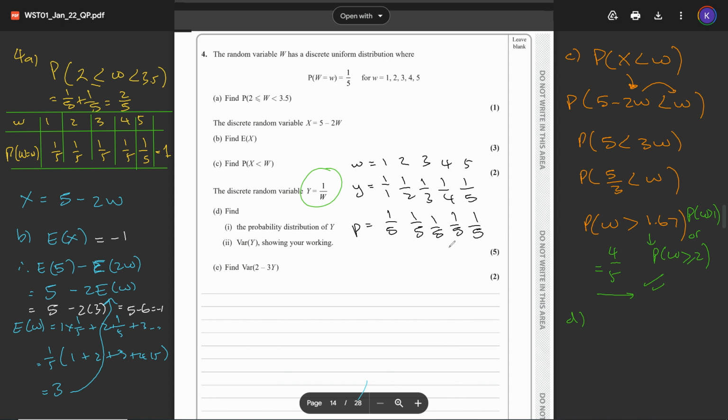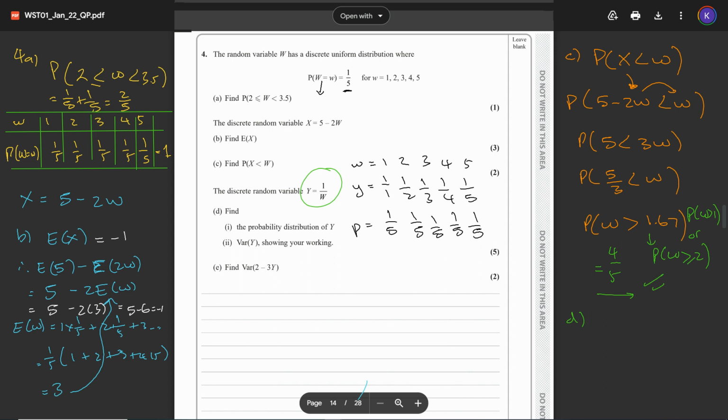The probability distribution of y is just changing w, which is these readings, into 1 over each of them. So if this is now going to be given as 1 over w, should that be exactly the same? That's the question there.